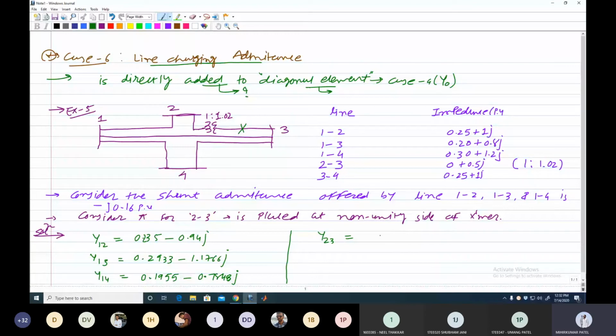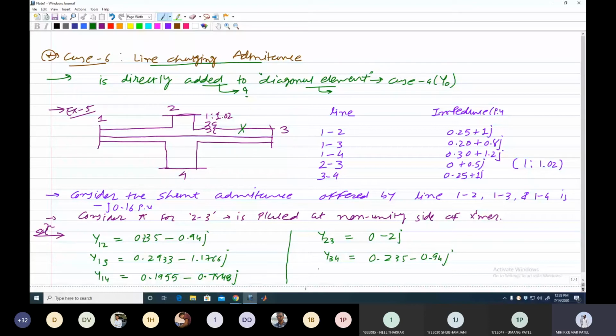Minus 2J, or 0 minus 2J. Very good. Then the value of Y34 is the same as Y12, 0.235 minus 0.94J. So clear? First step, you have to convert all these impedances into admittances.